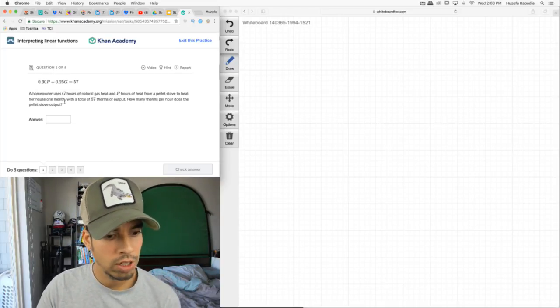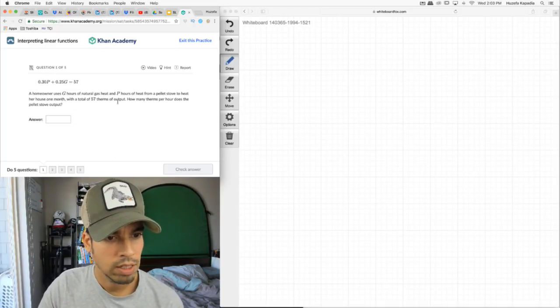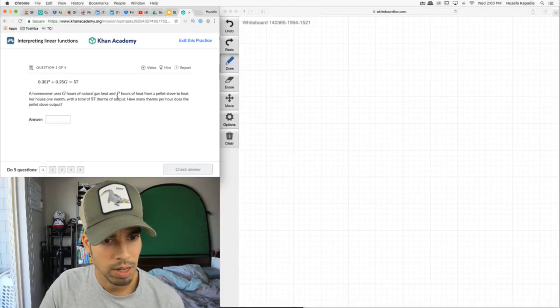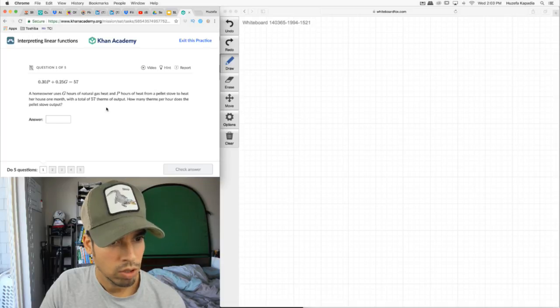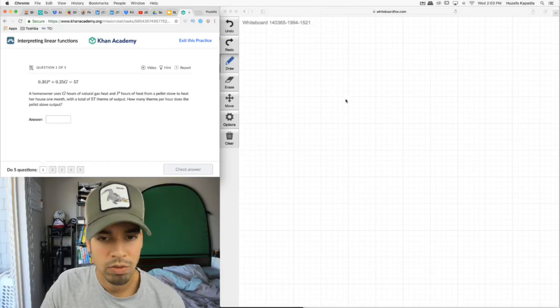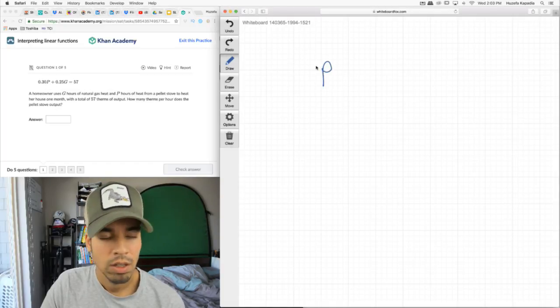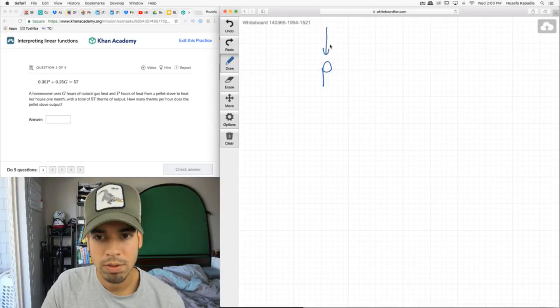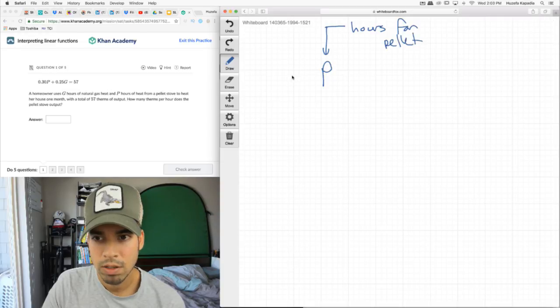A homeowner uses G hours of natural gas heat and P hours of heat from a pellet stove, with a total of 57 therms of output. How many therms per hour does the pellet stove output? Well, think about it. P is hours for the pellet stove, and it's being multiplied by 0.30.